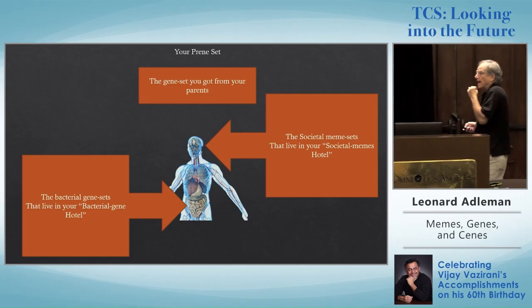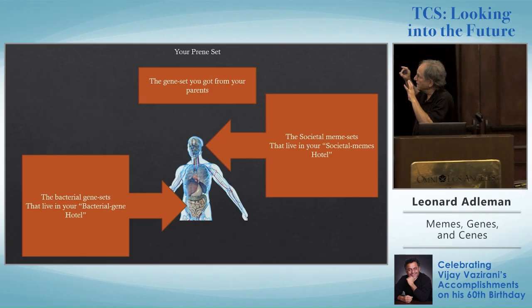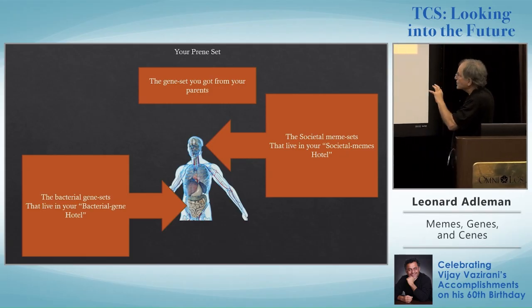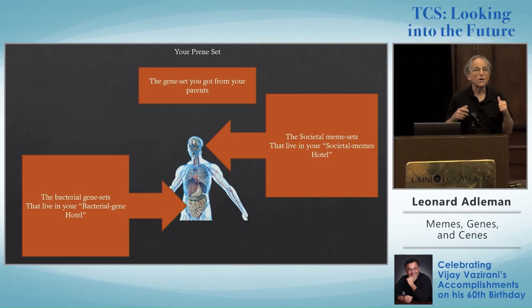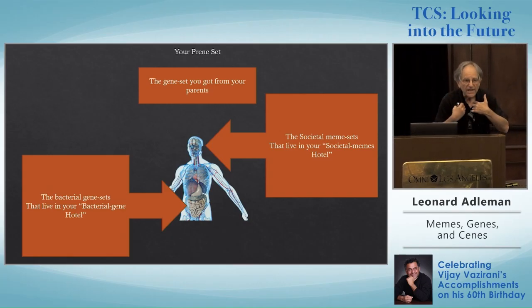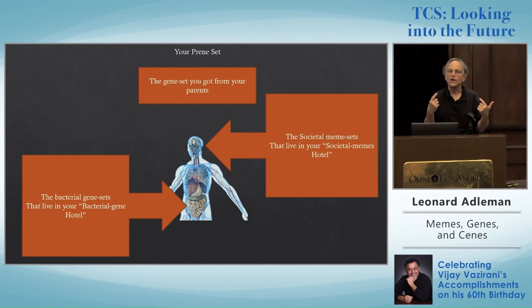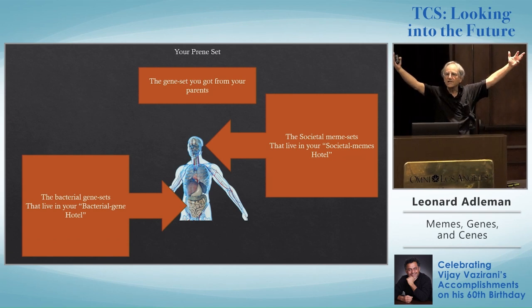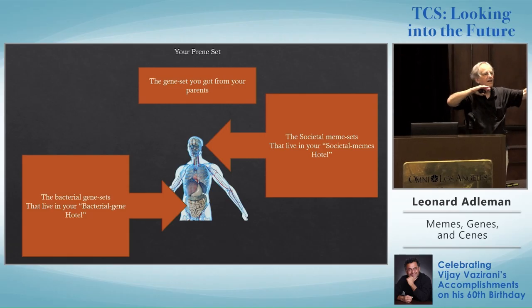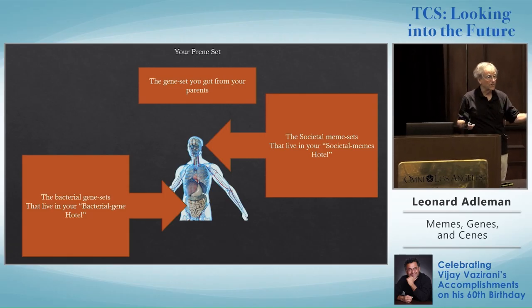And this creates no end to problems. Every individual stands at the crossroads of all sorts of lines of evolution. And these lines of evolution are not consistent with each other.